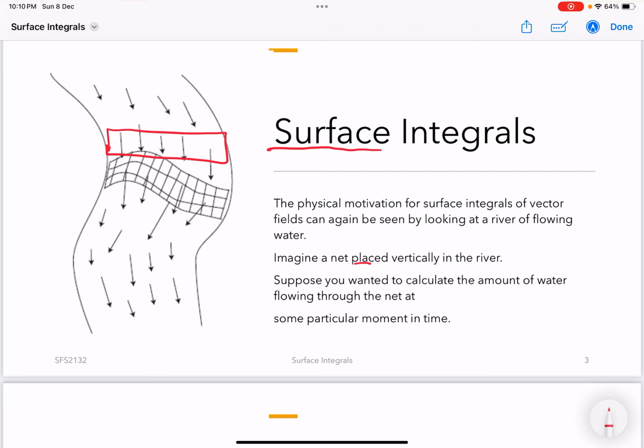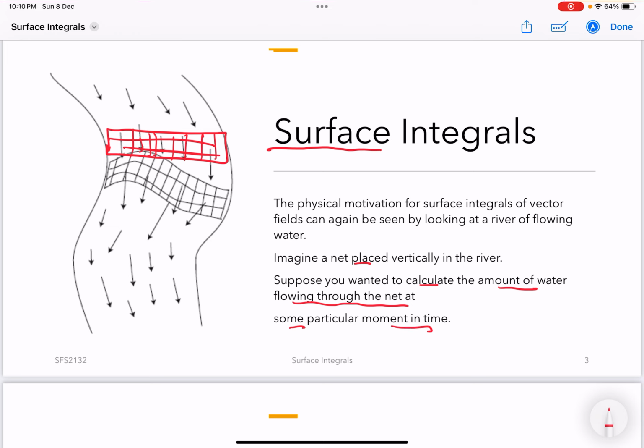Almost every part is at 90 degrees, the direction of water flow is perpendicular to the surface of the net.